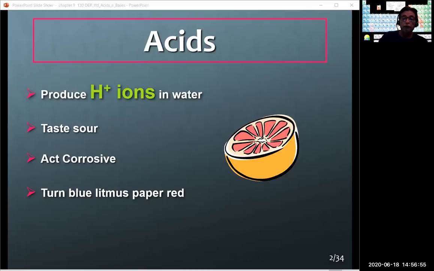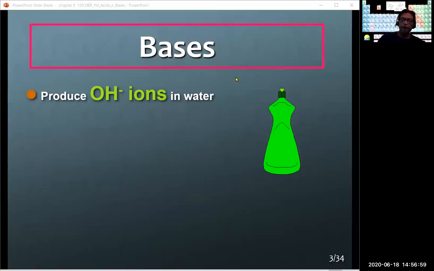Now, going to the next slide where we got bases. OH negative. That's that polyatomic ion that's in your table. This is called hydroxide.